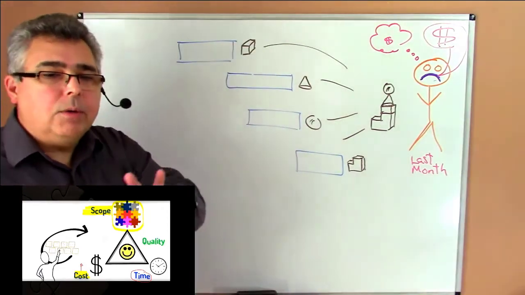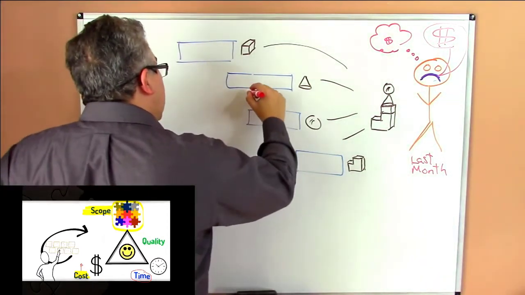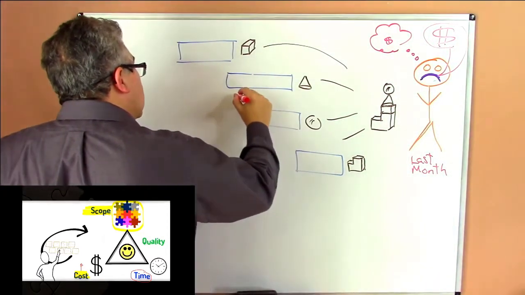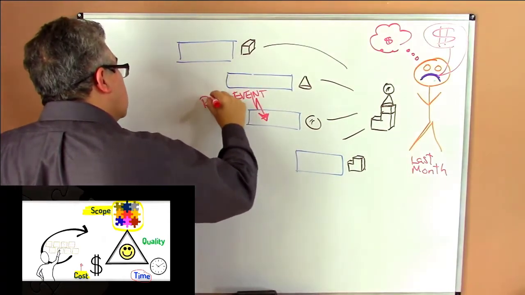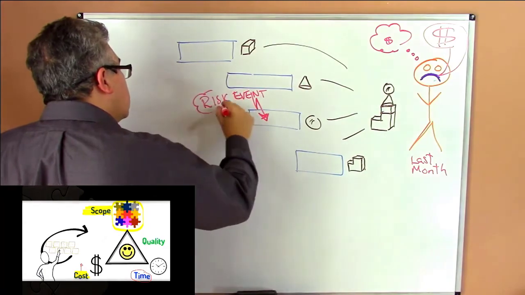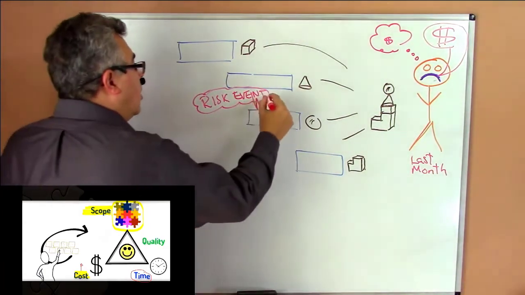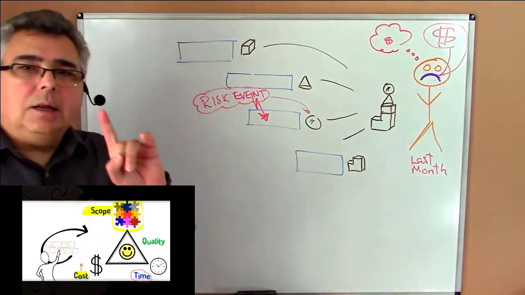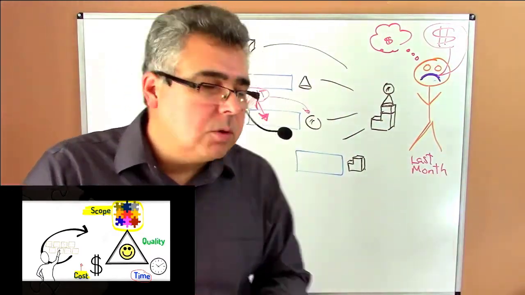So let's now include risk in that picture. Risk is an event, and we call that a risk event, that affects the execution or the deliverable of an activity or a group of activities in the project.